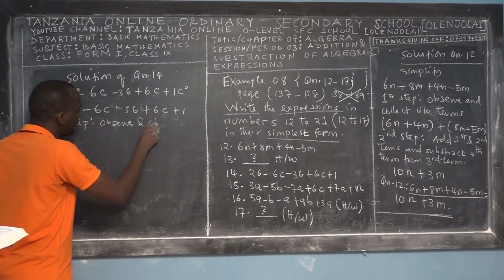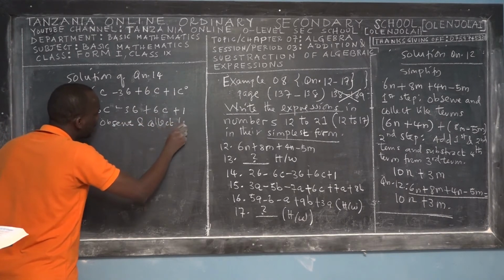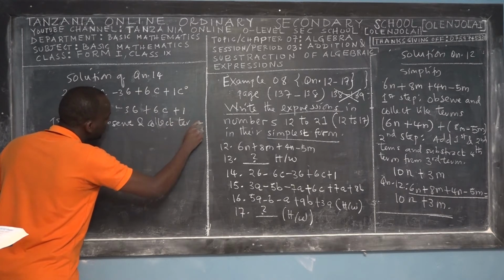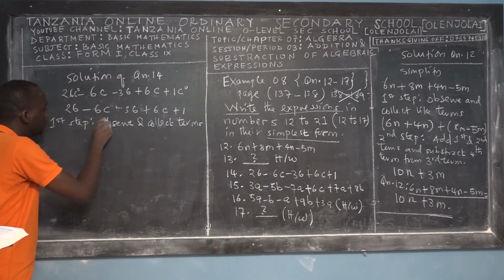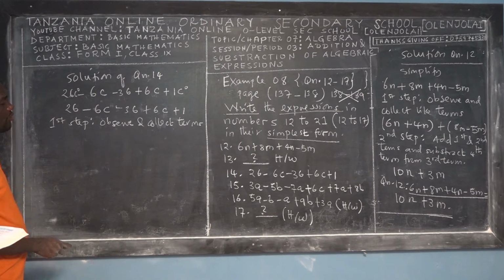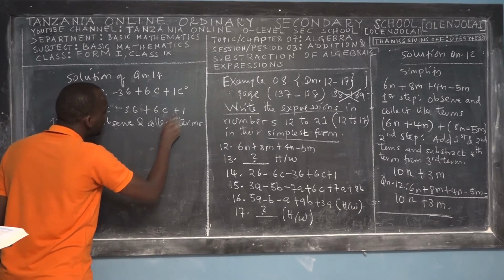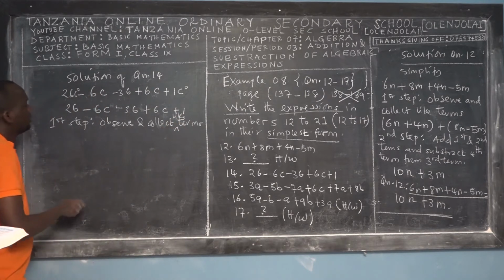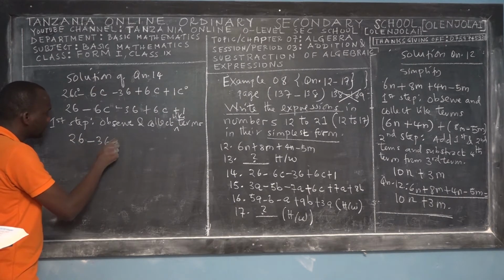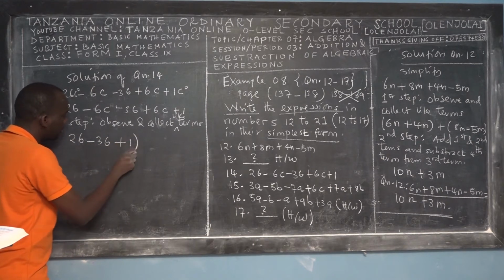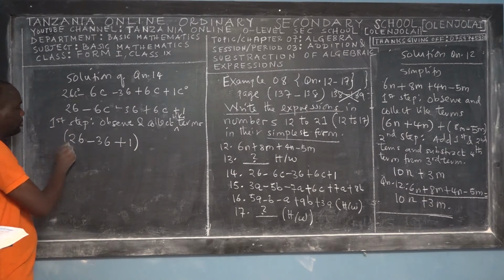Observe and collect like terms, right? So the first term is like to the third term, is like to the fifth term.